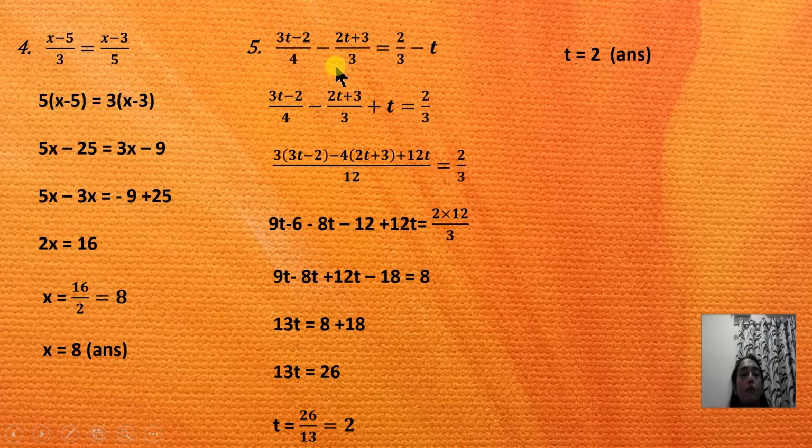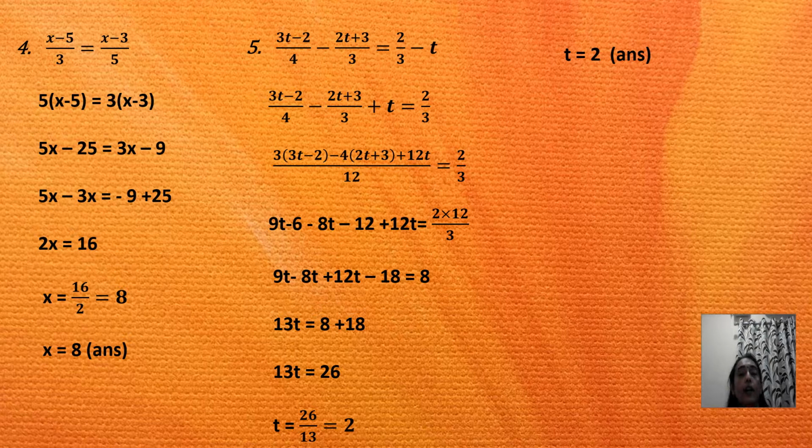Question number 5. This sum you need to practice once or twice, so please pay attention. 3t minus 2 upon 5 minus 2t plus 3 upon 3 is equal to 2 upon 3 minus t. As I told you, the first rule is to collect the like terms on one side.